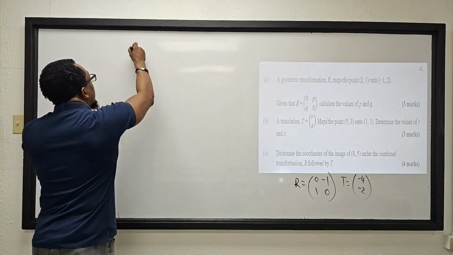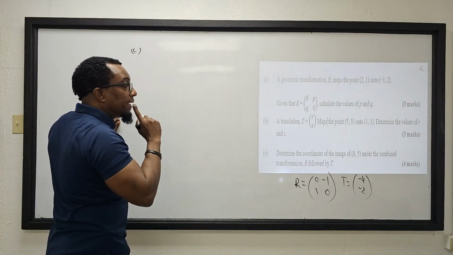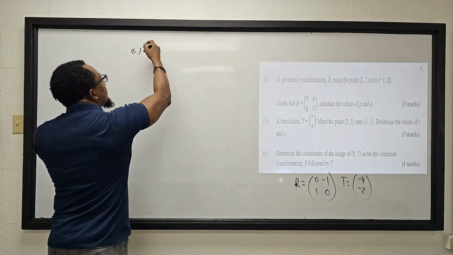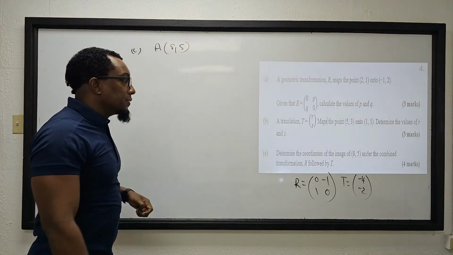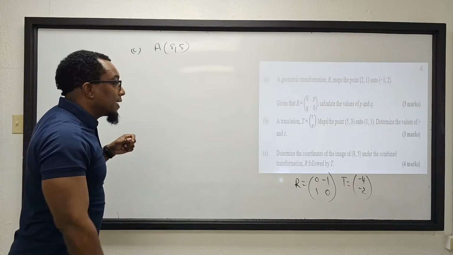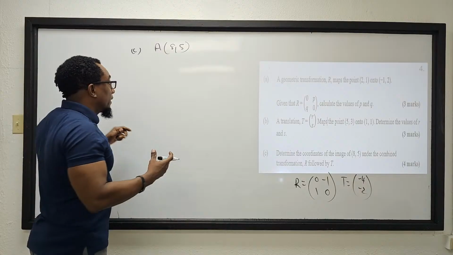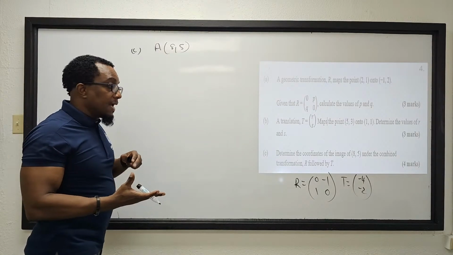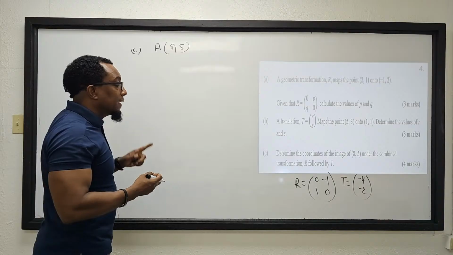So determine the coordinates of the image of 8, 5. So we have 8, 5, let's call it A. So let's determine the image of 8, 5 under the combined transformation starting with R. So R is a 2 by 2 matrix, and when it's a 2 by 2 matrix, it means it's applicable to reflection, it's applicable to rotation, it's applicable to enlargement.